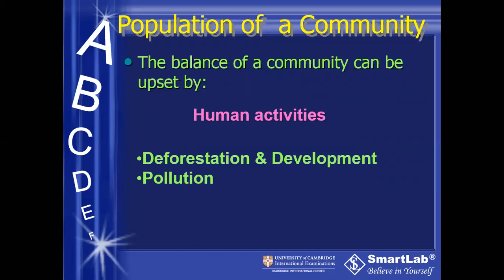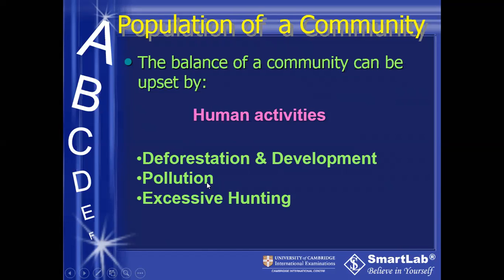However, the balance of a community can be upset by different factors, mainly by human activities like deforestation. Because by cutting down the forest, they actually destroy the habitats of many animals, which can cause populations of several animals to decrease.